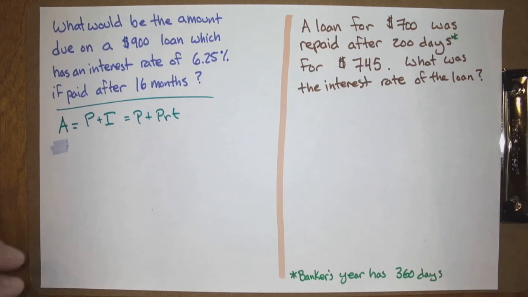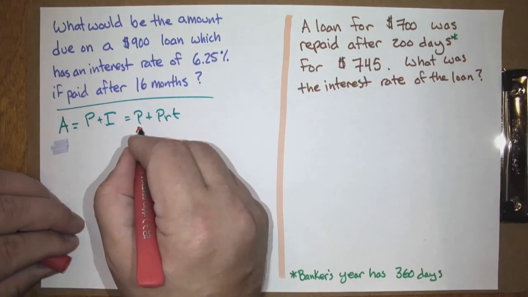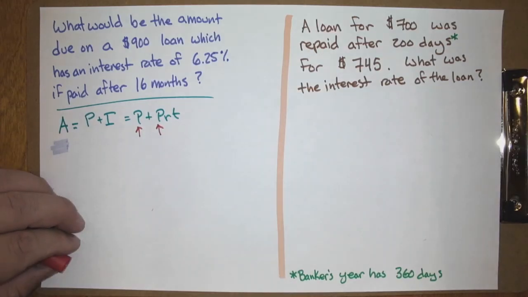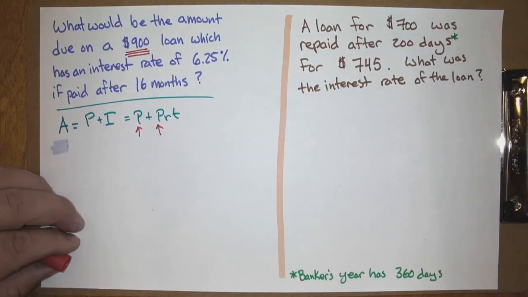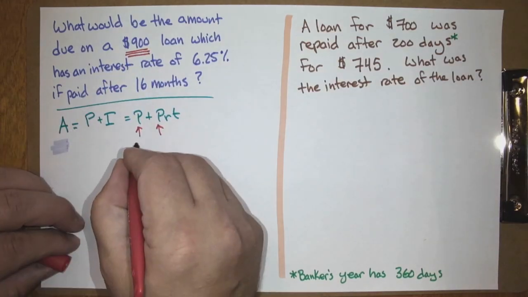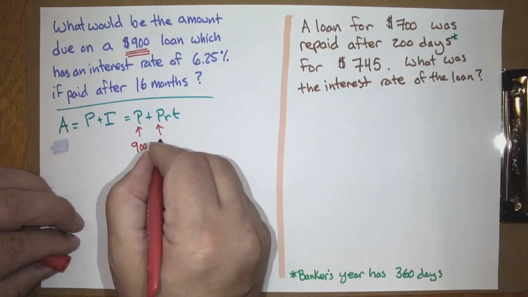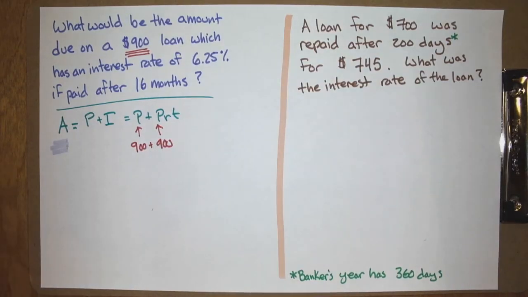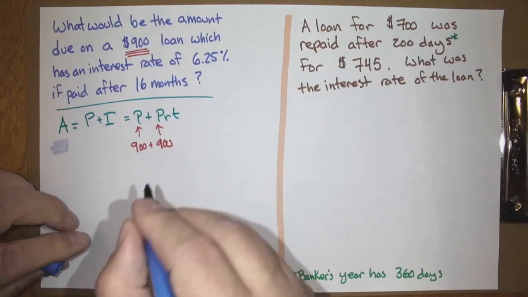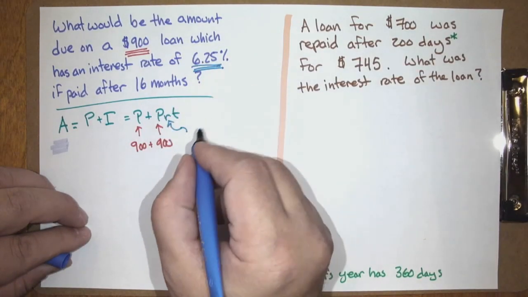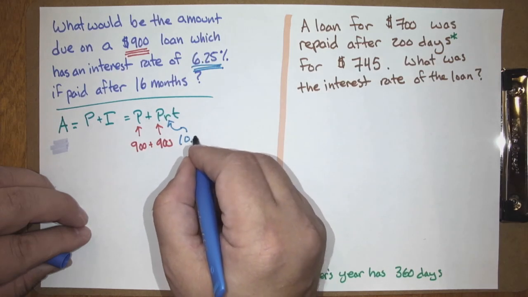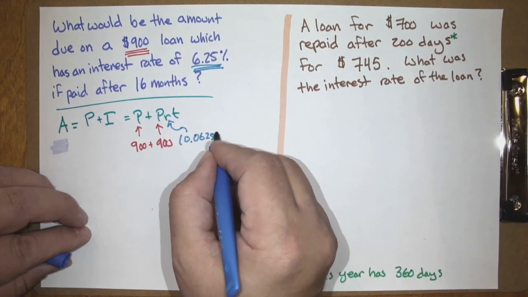So let's start with the P. What is P based on this problem? 900. The present money. That's the money you borrowed. What you borrowed right now. Okay, so we have the 900. How about R? Do we know R? Yeah, that's given there. So 0.0625, right?